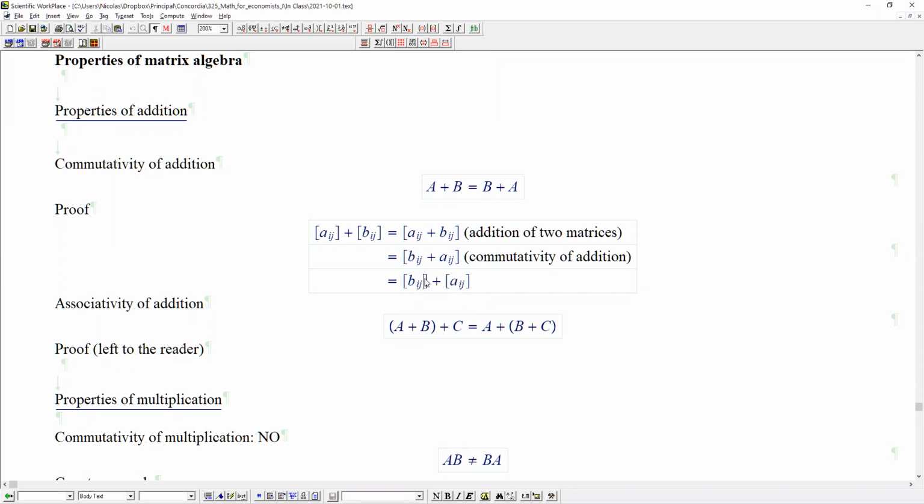Then if, for one of your steps, you need one thing that we just saw in class, then you can say, okay, I learned that addition of matrices is commutative. So I can use this in my own proof when I do it.